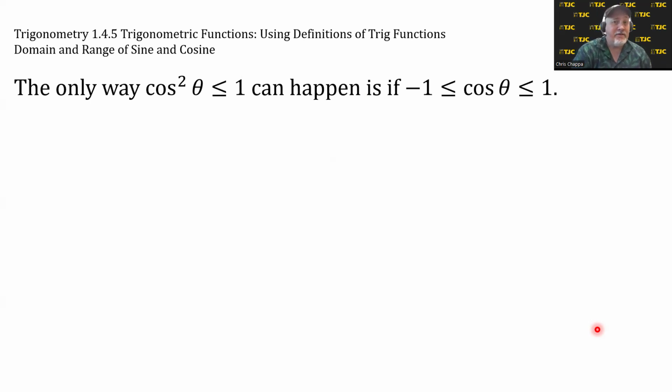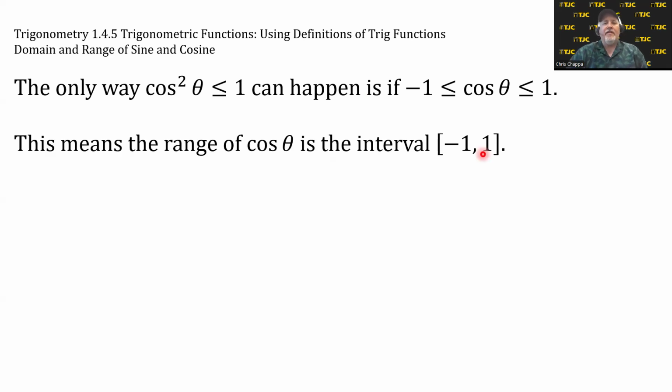It will come out positive and bigger than 1, which would violate this inequality. But if you pick a number greater than 1 and square it, then its square is greater than 1, which would also violate this inequality. So again, the only way cosine squared is less than or equal to 1 can happen is if cosine is between -1 and 1 inclusive. This means the range of cosine theta is the interval from -1 to 1, with brackets to include both endpoints.